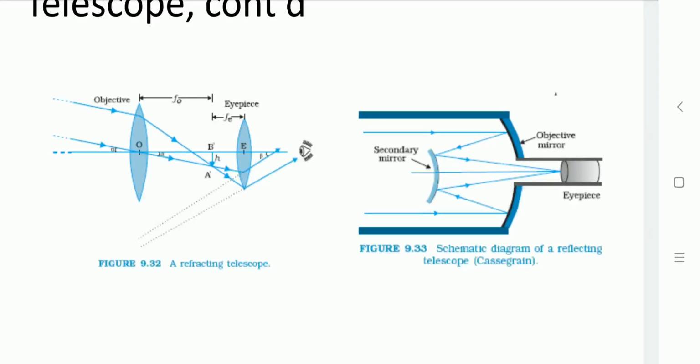Now let us consider a pair of stars separated by 1 minute of arc. The stars appear separated by the angle 100 into 1, that is 100 minutes of arc, that is 1.67 degrees. So here the main considerations for an astronomical telescope are light gathering power and resolving power.